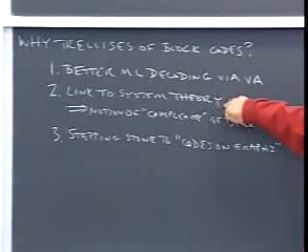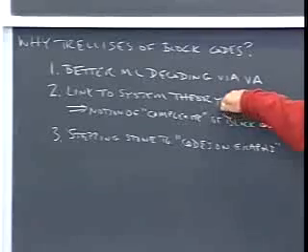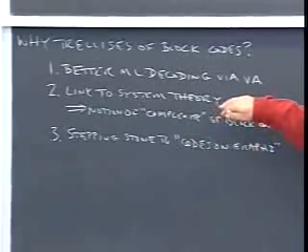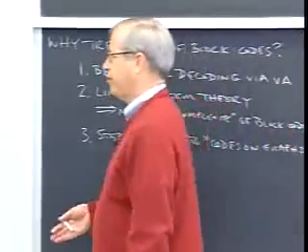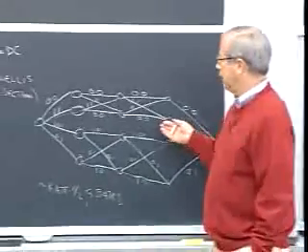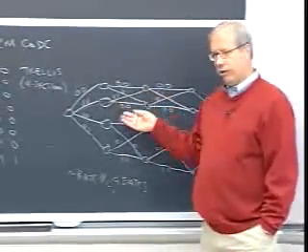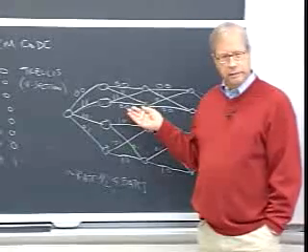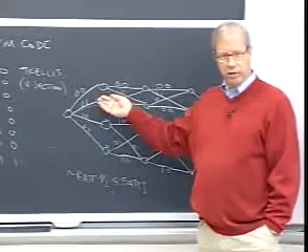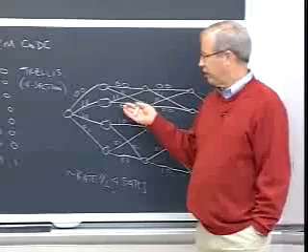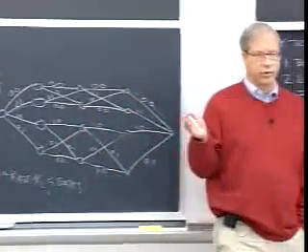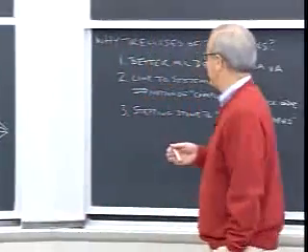Secondly, there's an interesting link to system theory. I won't make a great deal of this in this course, but what are we really doing here? We're representing a block code as a finite state system. In fact, a linear block code is a finite state linear system, although again the linearity is not terribly transparent from this picture.